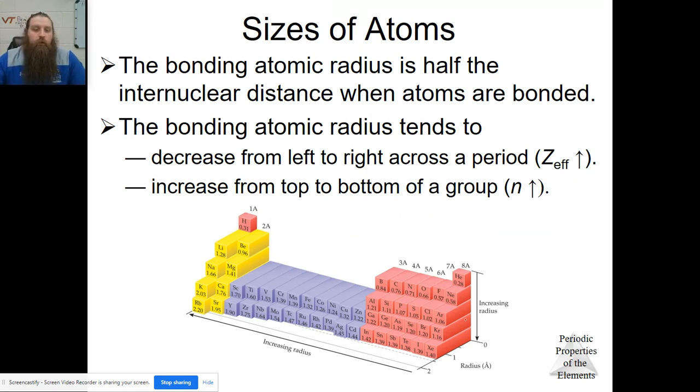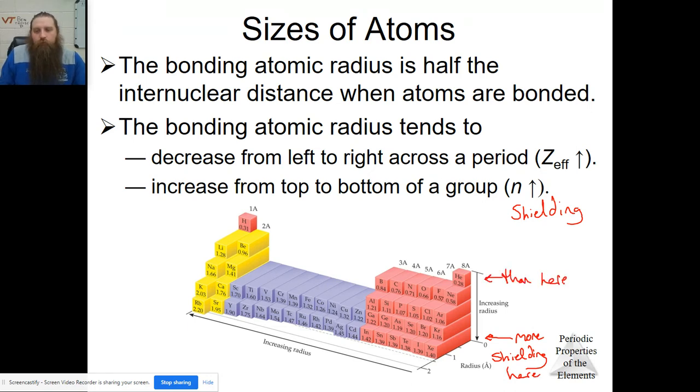Right? If we want to know why it's increasing from the bottom of the group, well, this would actually be explained by shielding, right? So there's more shielding here than here. So I don't have as many electrons in the way for helium's electrons, so they take the full effective nuclear charge.